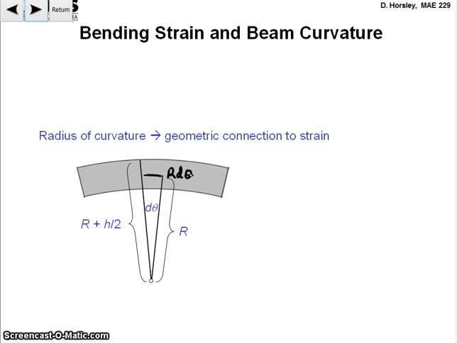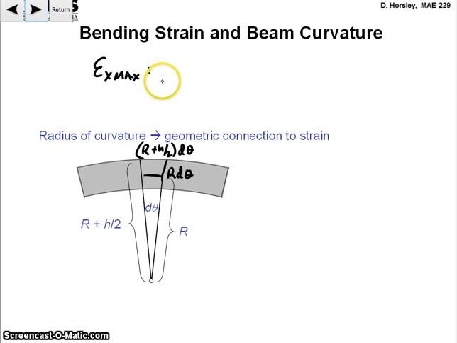And what is the length of this arc segment up here? Well, it's r plus h over 2 times d theta. So the length from the radius of curvature to the neutral axis gives us r d theta, and then we've moved an additional h over 2, half the beam thickness, and so now this is the arc length.